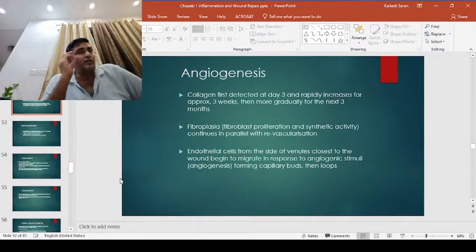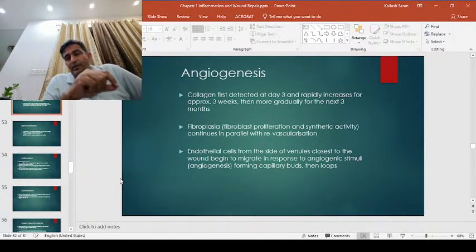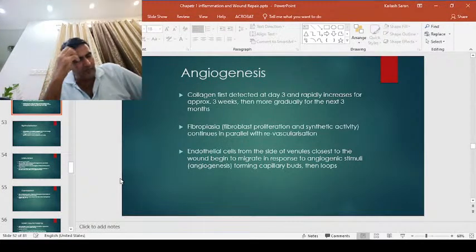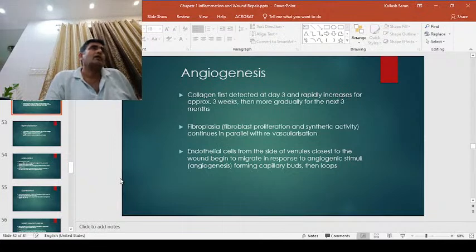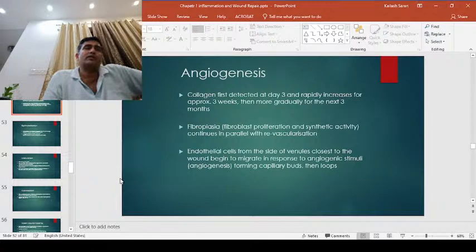For example, the question may ask that during the process of wound healing, if a person is on atorvastatin, what step of wound healing will be affected?